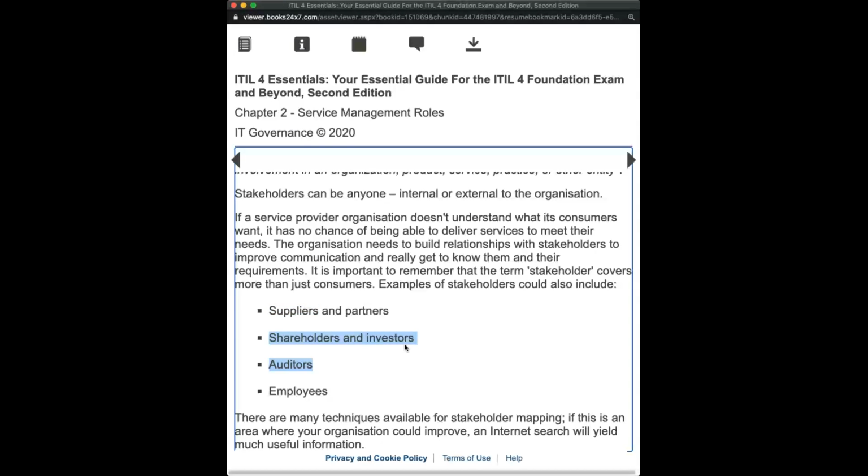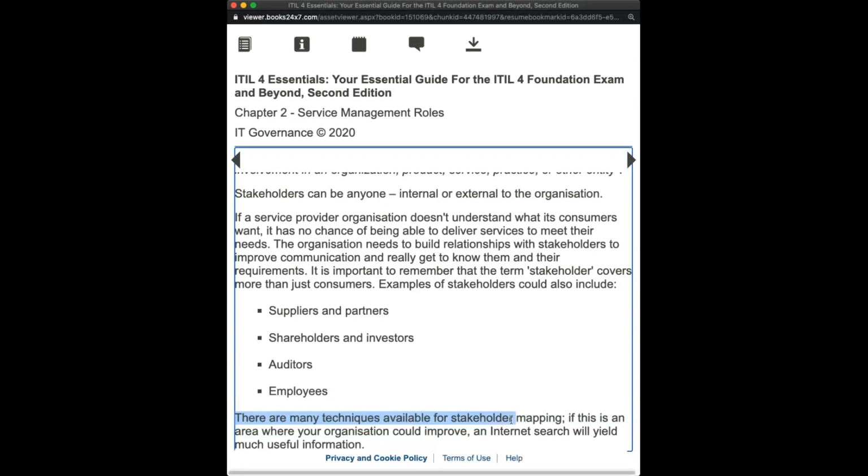Shareholders are basically the owners of the company. Auditors go to the company and check your balance sheet and your profit and loss statement, to check for compliance with rules and regulations. And also employees.